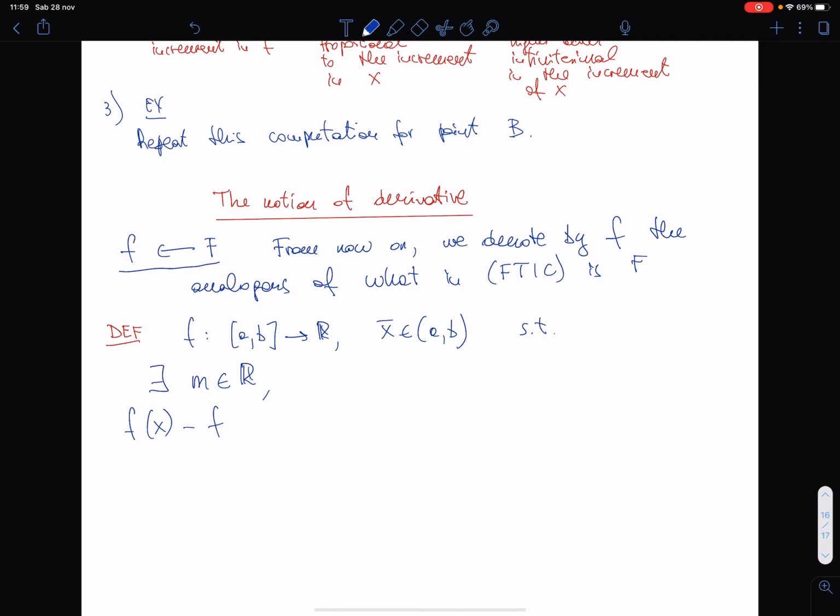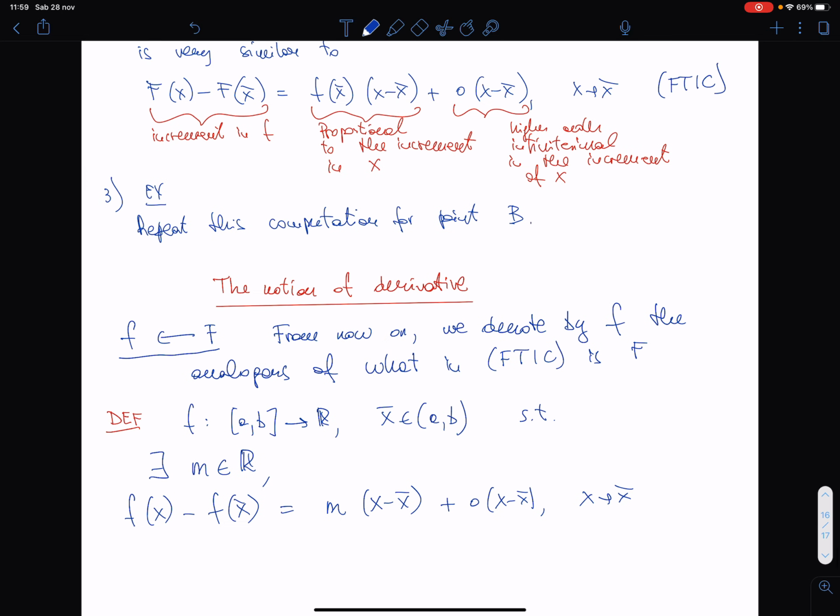The increment of f from x bar, so f of x minus f of x bar, is equal to the sum of two terms. One is proportional to the increment of x, m times x minus x bar, and the rest is little o of x minus x bar for x going to x bar.